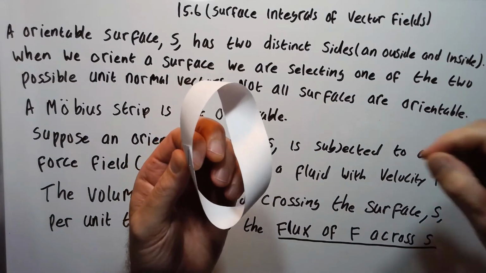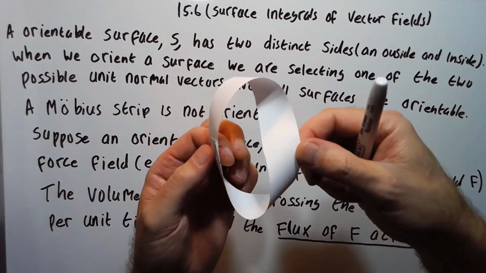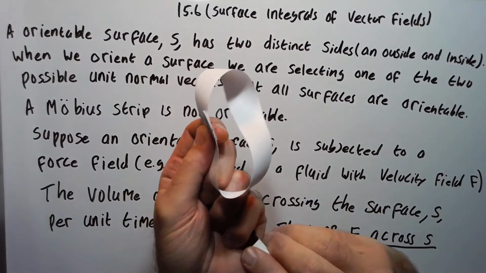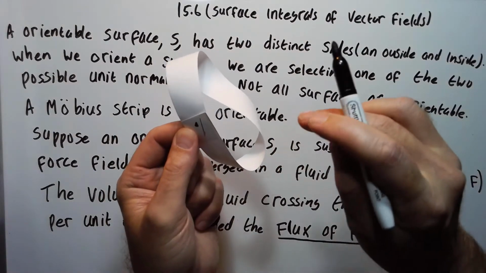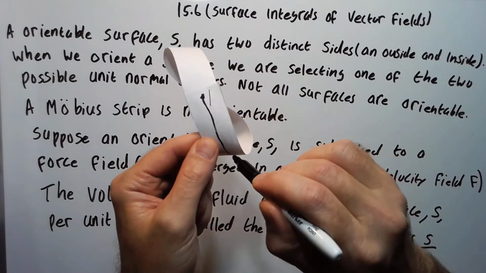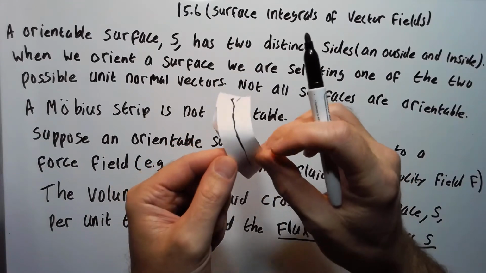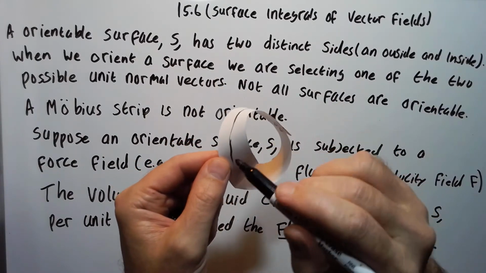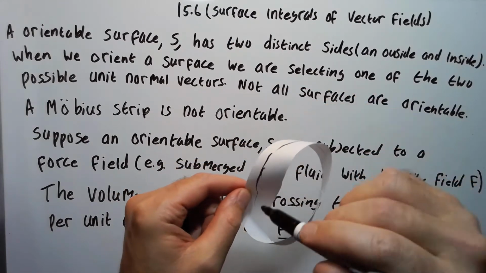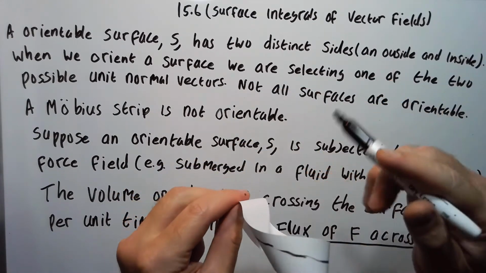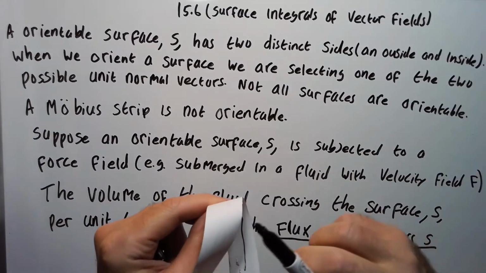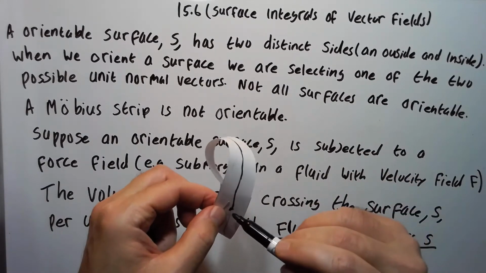I claim this does not have both an outside and an inside, it only has one side really. Suppose we call that the outside there. So let's follow it around. Keep going around here. It's going to be a problem now because I'm both here.